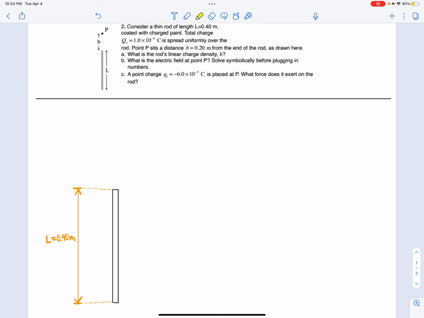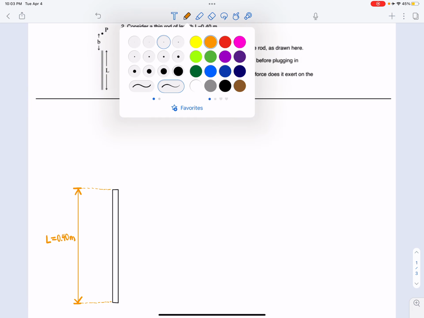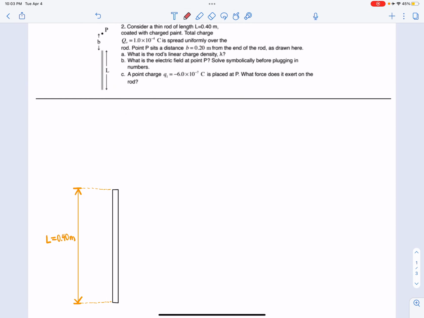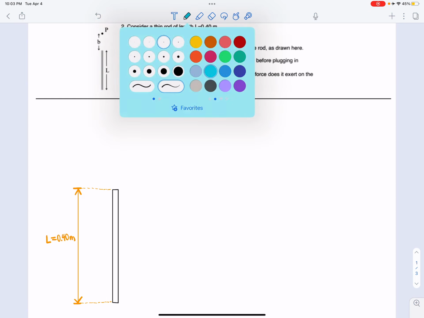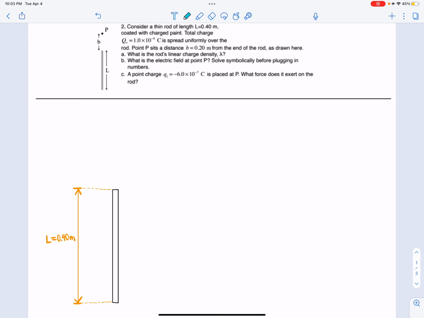All right, and then there's a charge on the rod that's distributed evenly. So it's painted with a certain charged paint, right? And that's distributed over the rod evenly, right there.